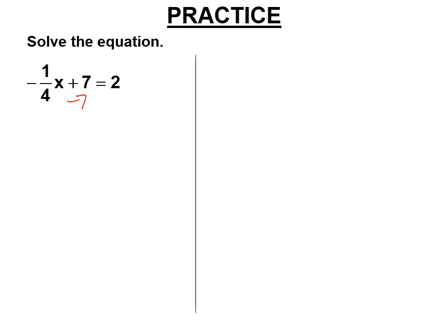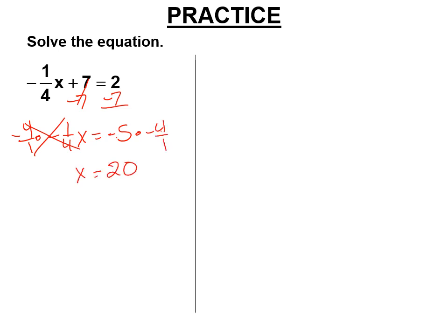Here you subtract 7 from both sides. Negative 1/4 x. 2 minus 7 is the same as 2 plus negative 7, negative 5. Multiply both sides by the reciprocal, which is negative 4. And yeah, x equals negative 5 times negative 4, positive 20.